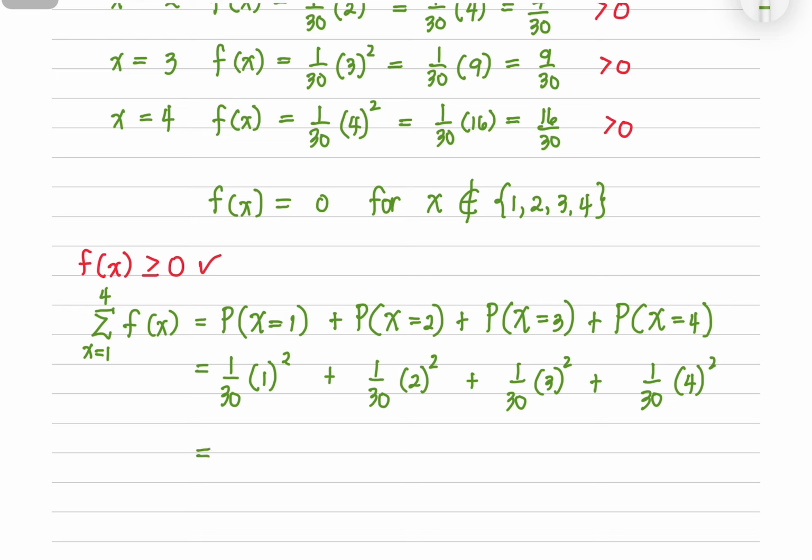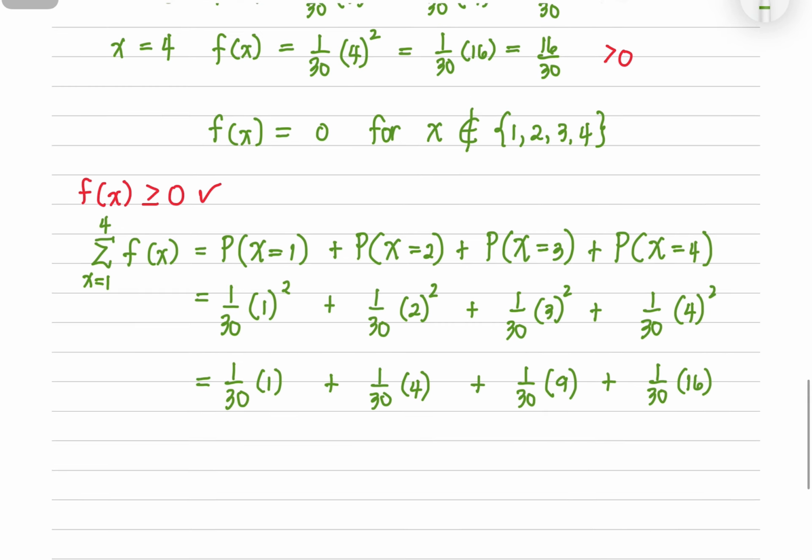Okay, let's simplify. So 1 over 30, just bring down, and then 1 squared, that gives us 1, plus, again, copy 1 over 30, and then 2 squared, it will become 4, plus 1 over 30, so 3 squared, that is equal to 9, plus 1 over 30, and then 4 squared, that is equal to 16, right?